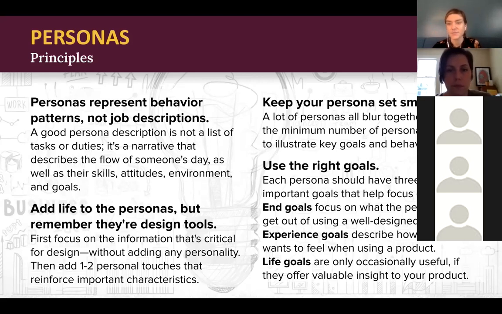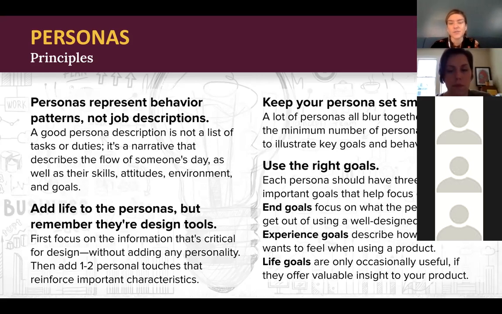With larger systems, like if you're building a hospital system or rebuilding something that includes many interdisciplinary stakeholders, that's when you want to start breaking things into different buckets. But for all intents and purposes, we'll just keep them small.